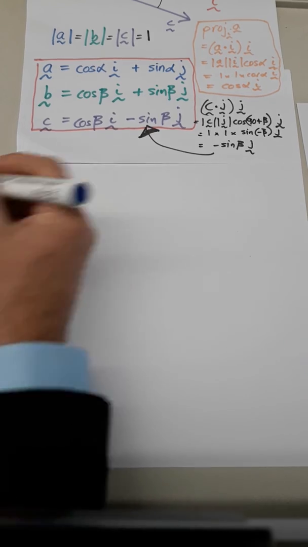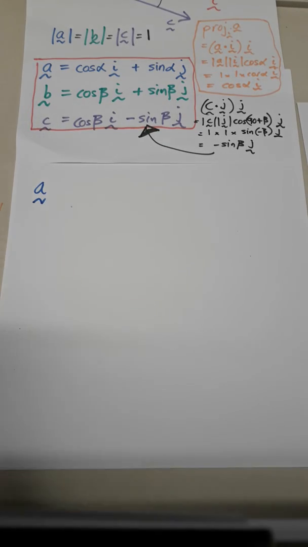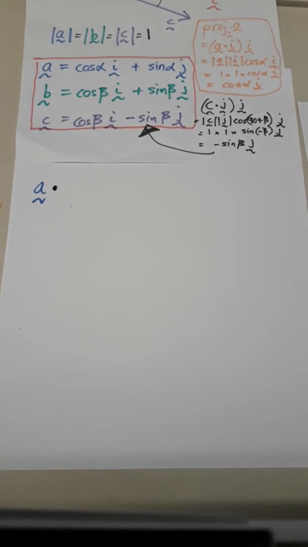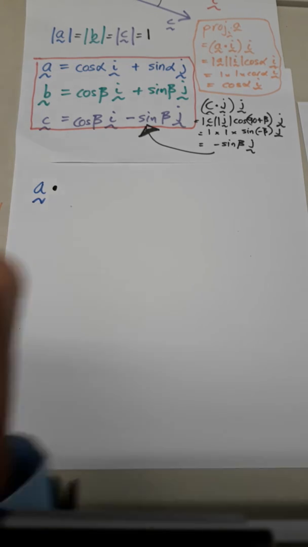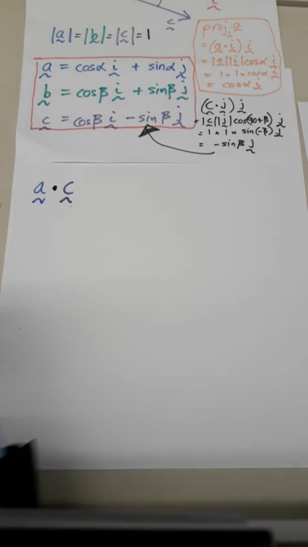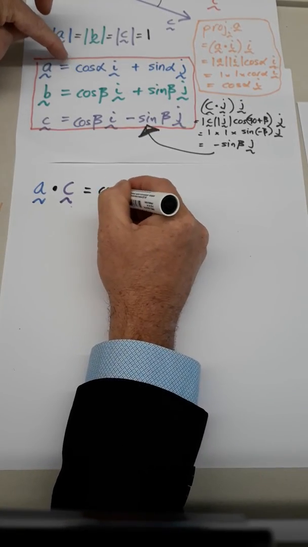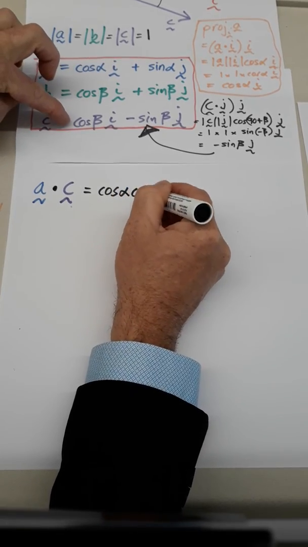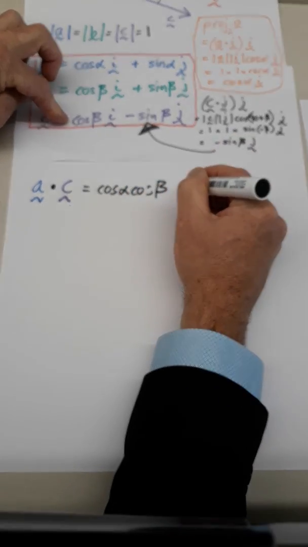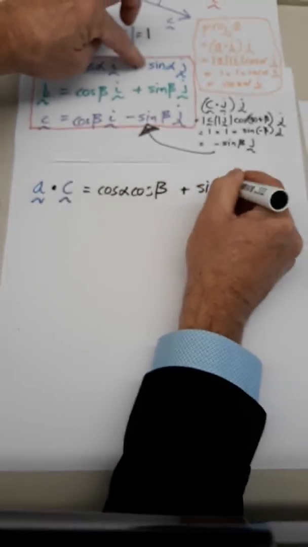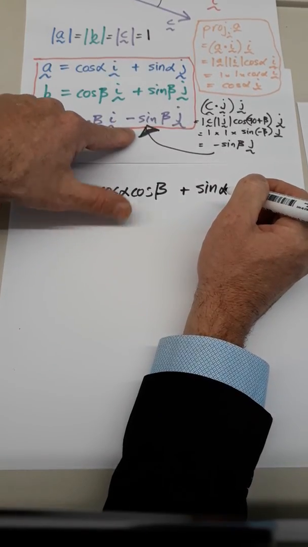Vector A dot with vector C. Component-wise, it's cos alpha cos beta plus sine alpha times minus sine beta.